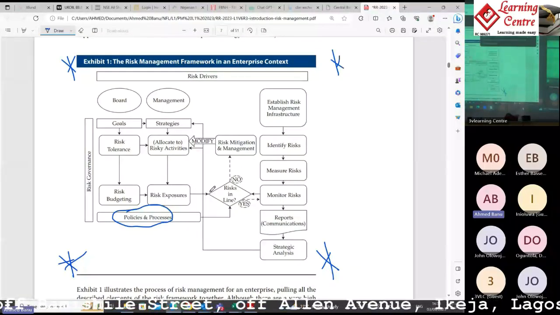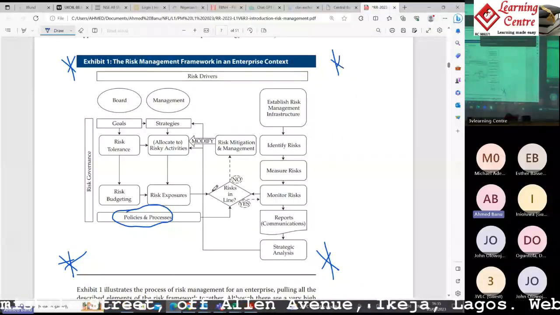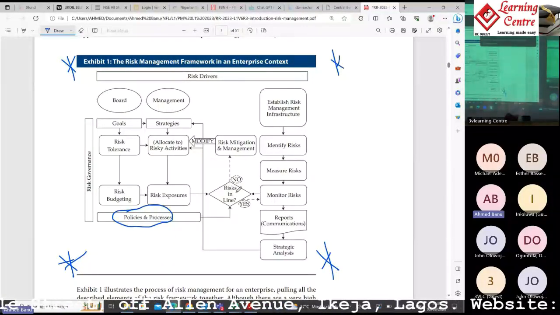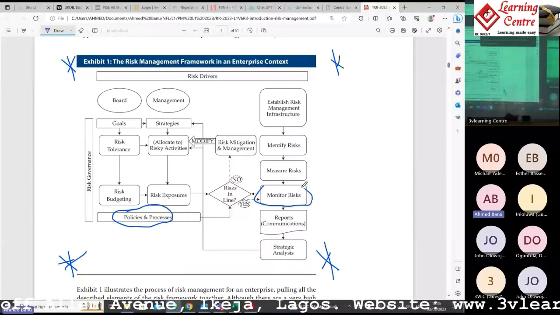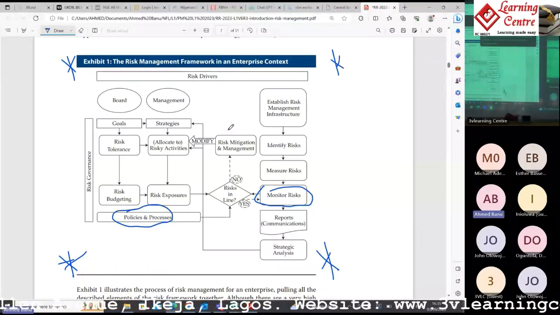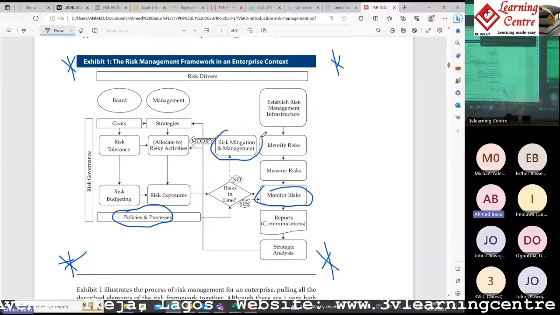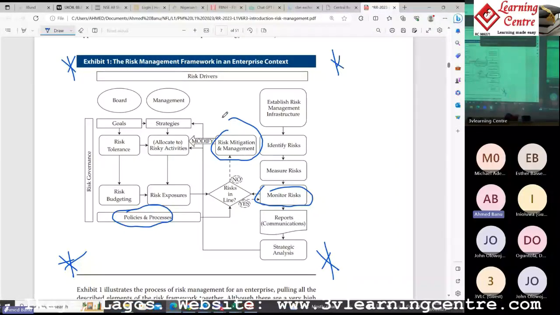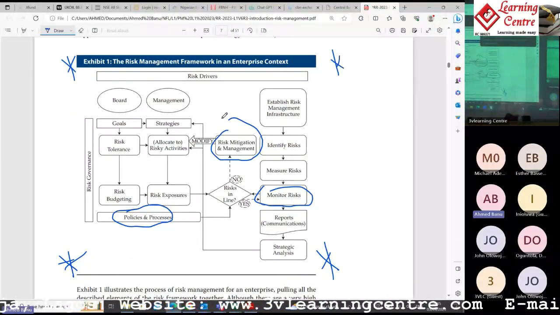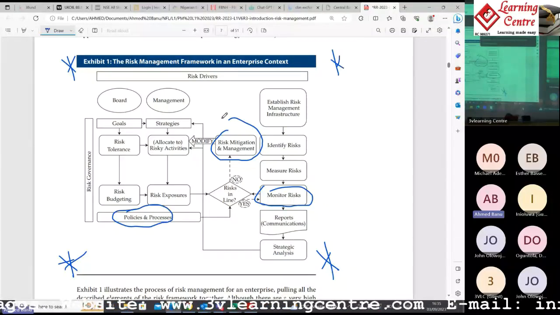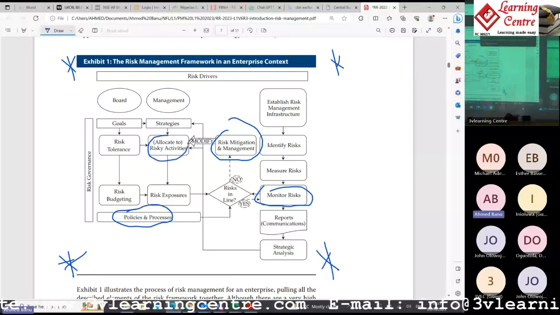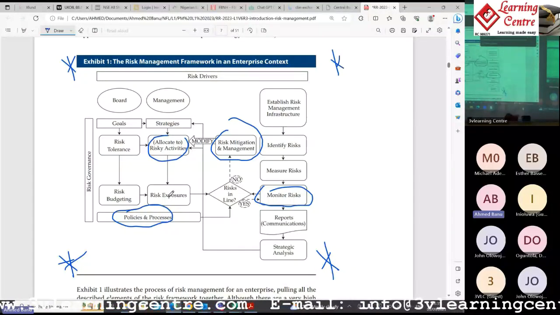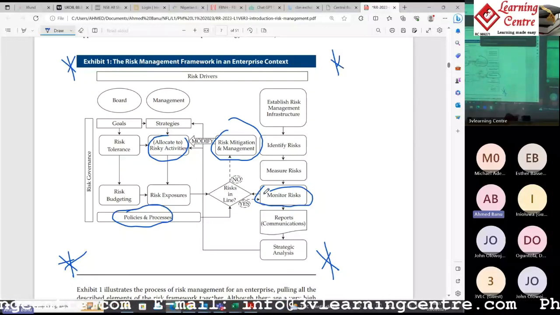So if your risk exposure is in line with your risk tolerance, what do you do? You just move on and you monitor the risk. However, if it is a no, then you have to go back to something we call risk mitigation and management. So that means you need to mitigate that risk. And that's where you adjust the risk. So you go back into looking at the activities, determining the risk factors, exposures, until you get a yes before you can move forward.